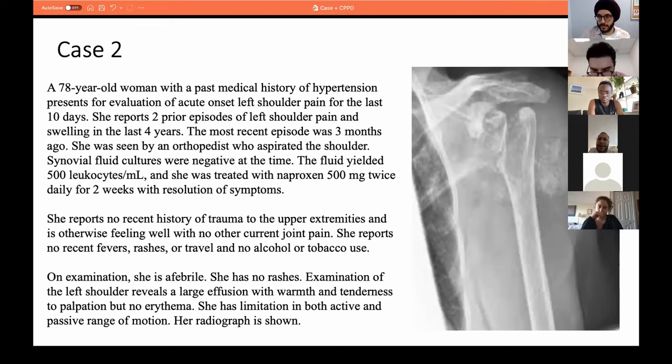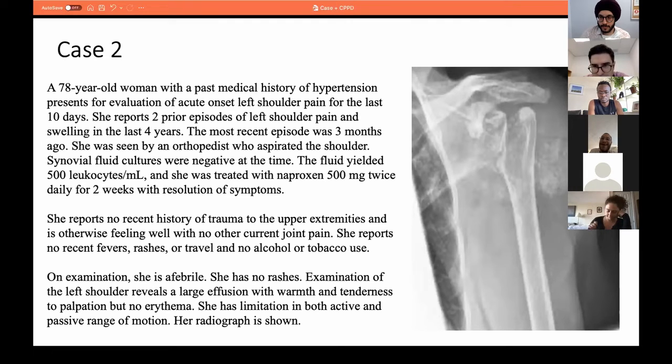Around the shoulder area where the soft tissues are, I can also see opacities. Right, and what do you think those opacities could be? Well, it could be inflammation.